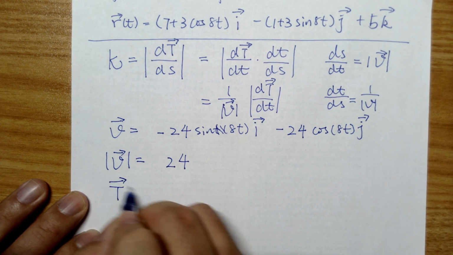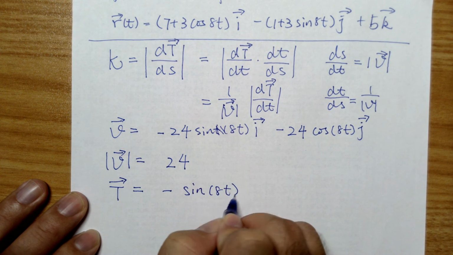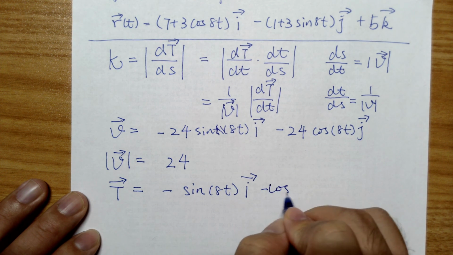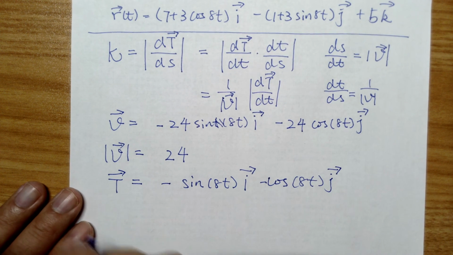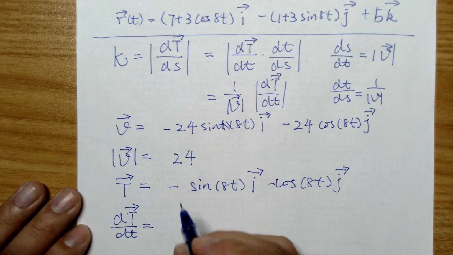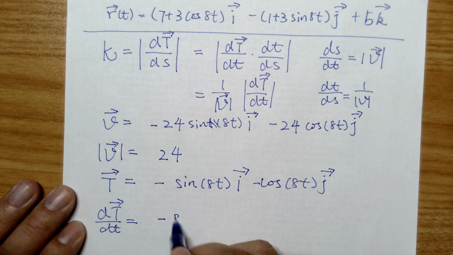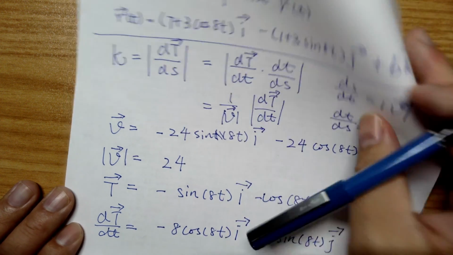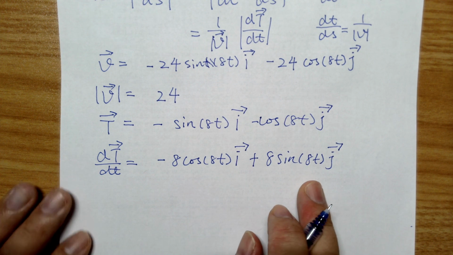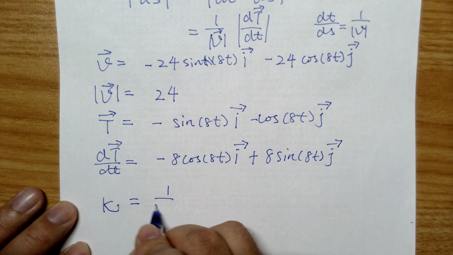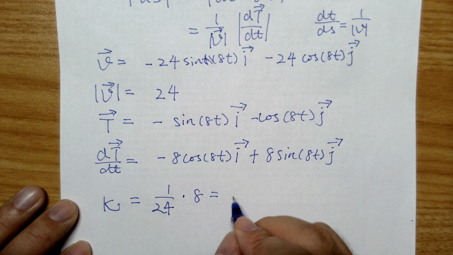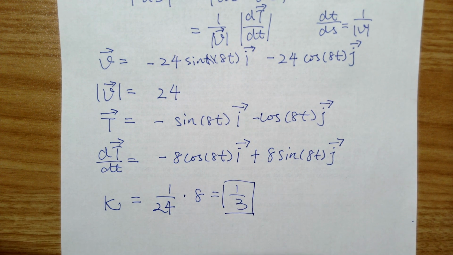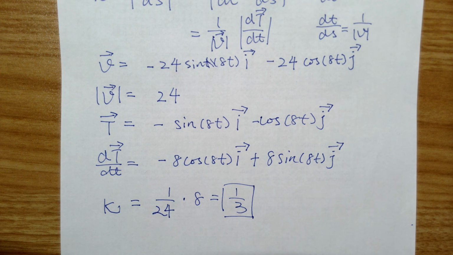So the unit tangent is negative sine 8t i minus cosine of 8t j, and so the dT it gives us is negative 8 cosine of 8t i plus 8 sine of 8t j. The magnitude for this piece is going to be 8, right? So the curvature is 1 over 24 times 8, which is 1 over 3. Okay, so that's the end of those problem solutions. Thank you.